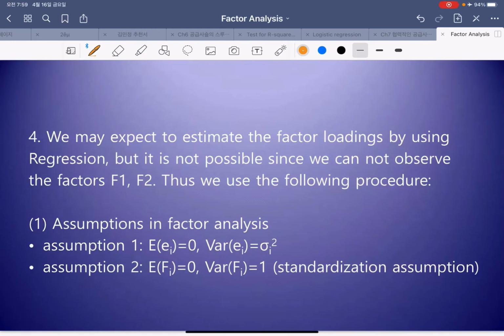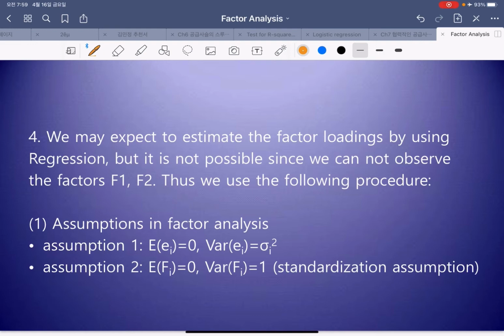Now, how to estimate the factor loadings? If you look at the equations that we wrote before, we may think that we can use regression, right? But in this case, we cannot use a regression because factors are not observable, right?